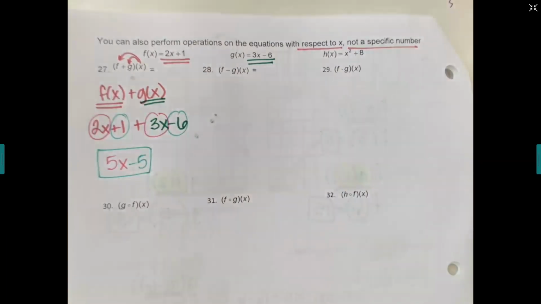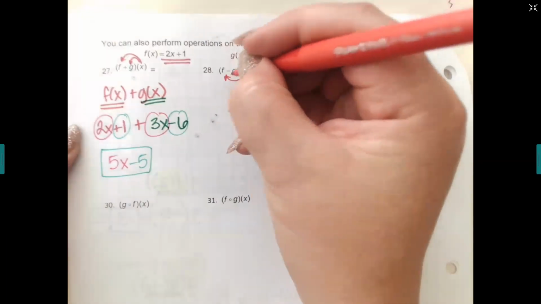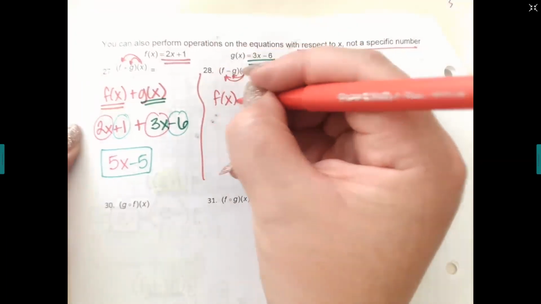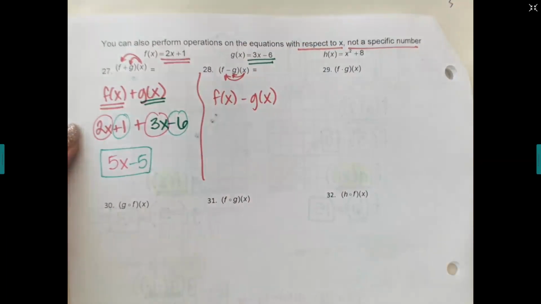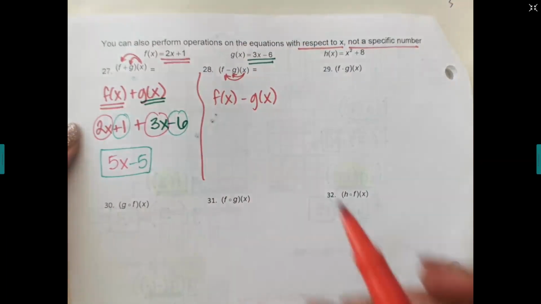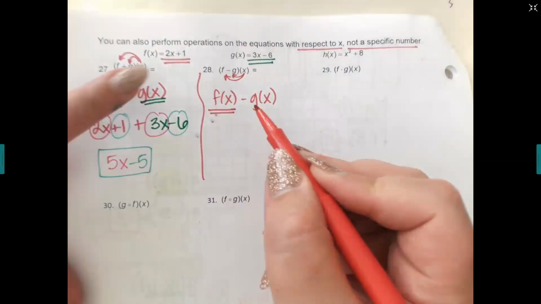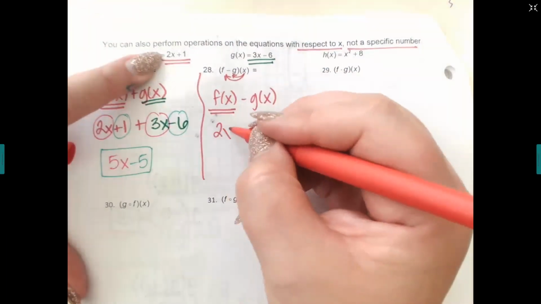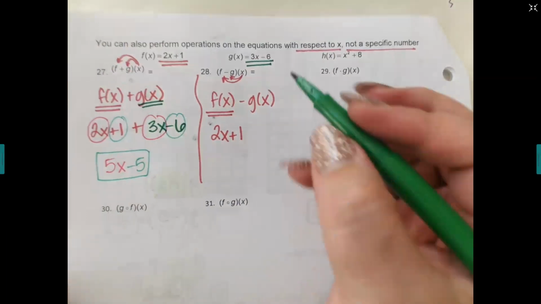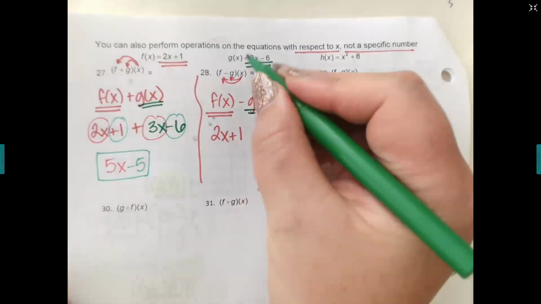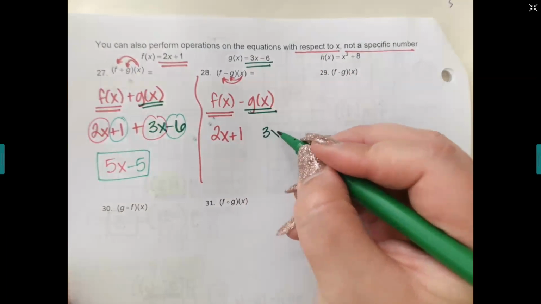Okay. Take a look at the next one. I want f minus g. So I'm going to still share the x. So now it's f of x minus g of x. And then I'm going to take my whole f formula, which is 2x plus 1. And I'm going to minus my whole g formula, which is 3x minus 6.